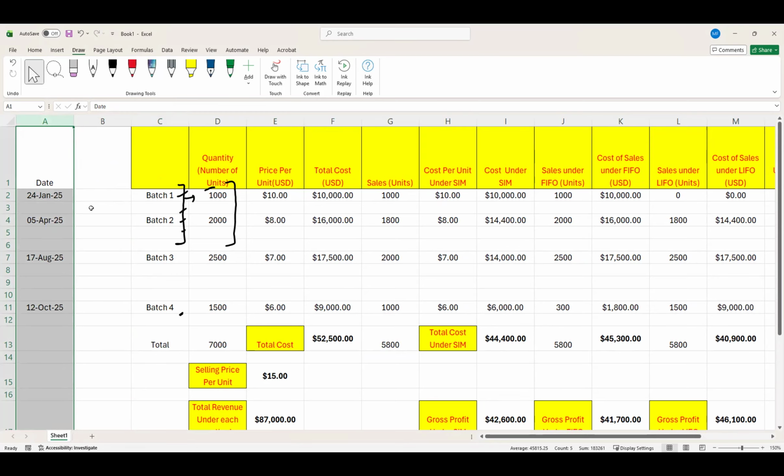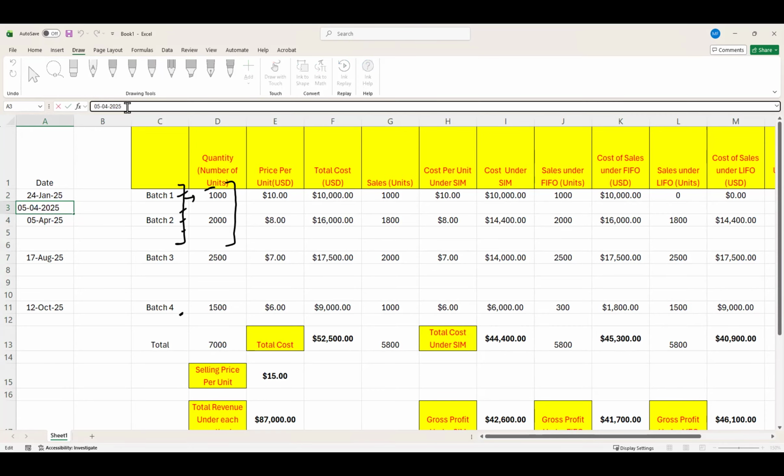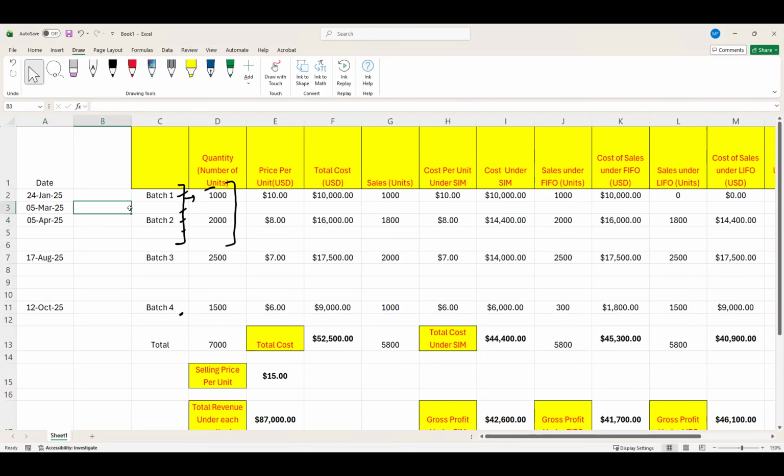Okay, so let's assume that on 24th Jan, the purchase happened and the sale happened on 5th of, sorry, 11th of March, let's say. If we have already taken in April, I don't want to take the same day. So doesn't matter, although we can take 5th only, no problem. So 5th of March, let's say we had 700 units sold.